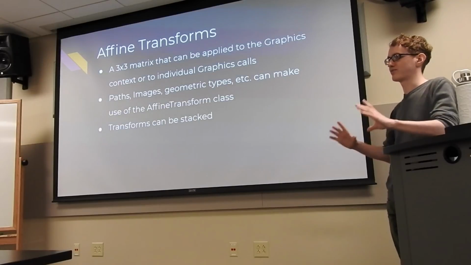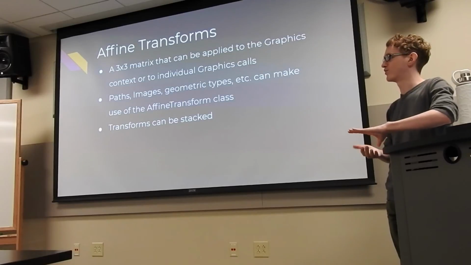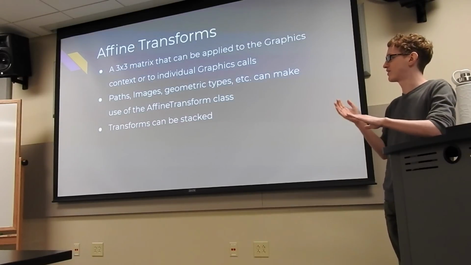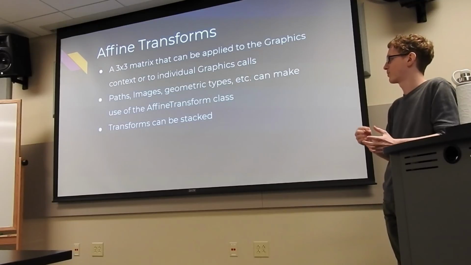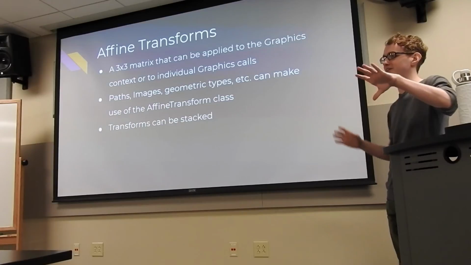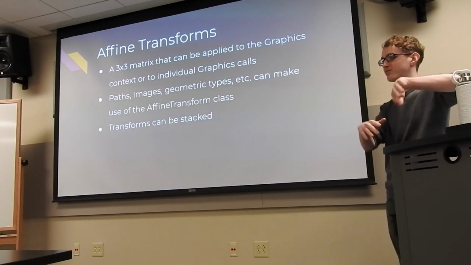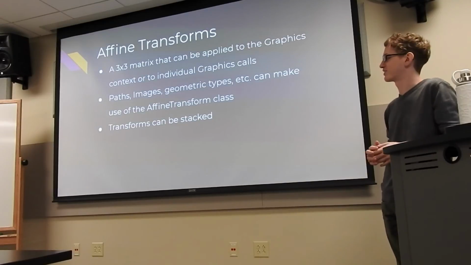Every time you're adding one to the graphics context itself, that's applied to the previous one from before. So if you rotate and then you add a context transform that is scaling, it'll be scaled and rotated. And it'll just keep stacking until you reset the graphics state and go back to just a transform that has nothing applied.